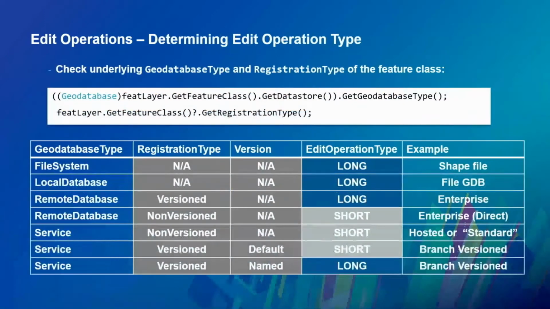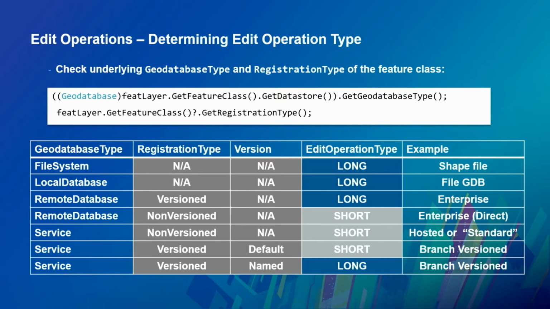So the edit operation type itself is a combination of the underlying geodatabase type as well as the registration type. The geodatabase type we get from the data store. The registration type we get from the feature class. And so here's the example or the table on how it is being determined. So for example, for a file system geodatabase, which is usually the shapefile, there's no versioning happening, so that participates in an edit session and results in a long transaction type.